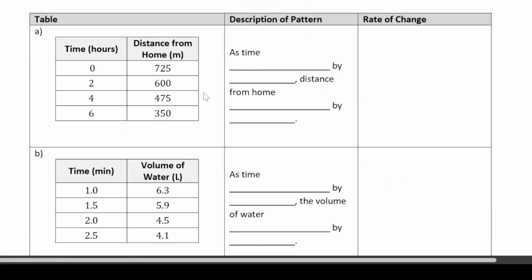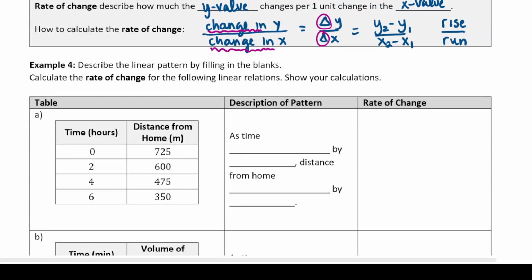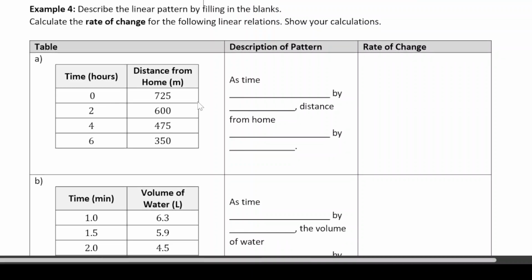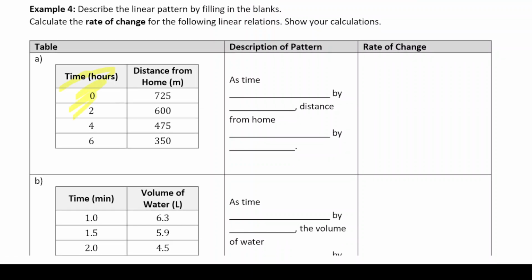All right. So I'm going to use blue for my change in y, and then yellow for my change in x. Let's look at this next one. We have time as our independent variable, and distance from home as our dependent variable. Let's look at the patterns. Every time we move down a row in the table, the time is going up by 2.